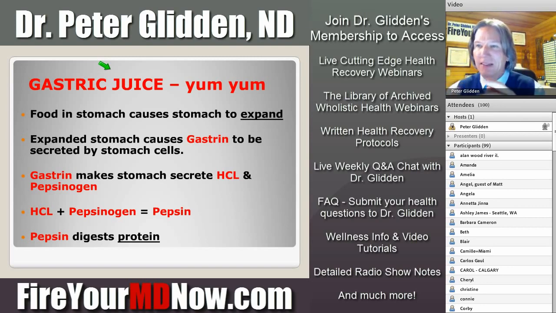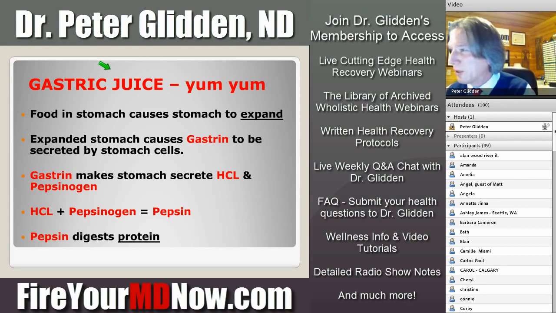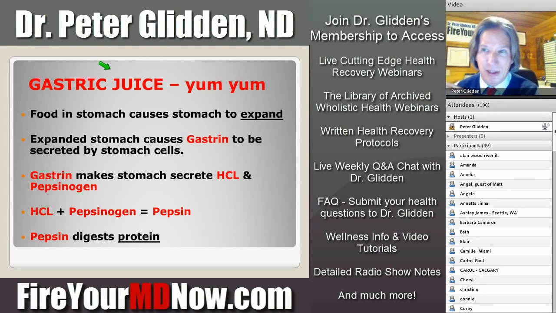Gastrin, when it's present inside the stomach, makes other cells in the stomach secrete hydrochloric acid and another digestive enzyme called pepsinogen. It has nothing to do with Pepsi or Coke. It's called pepsinogen.